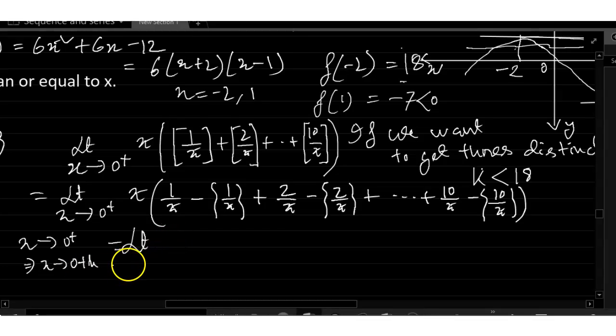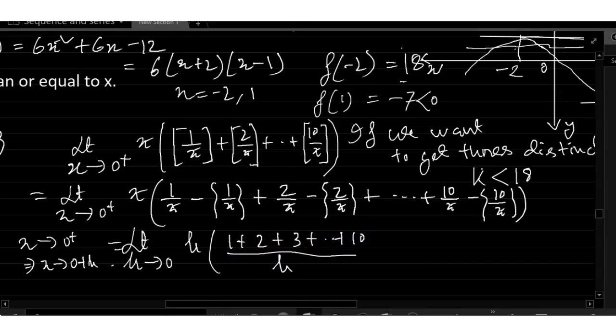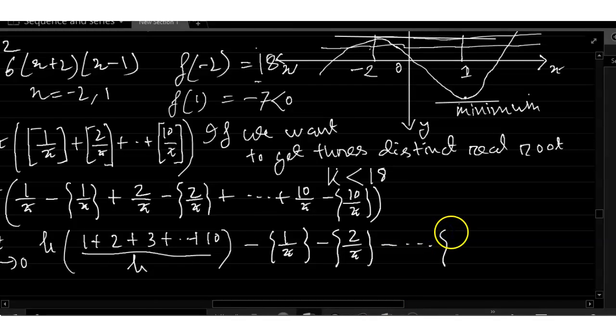So the limit as h tends to 0 of h times 1 plus 2 plus 3 up to 10 divided by h, minus the fractional terms multiplied by h, which tend to 0.